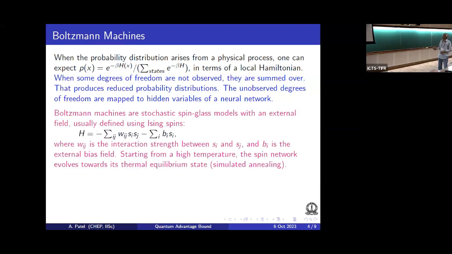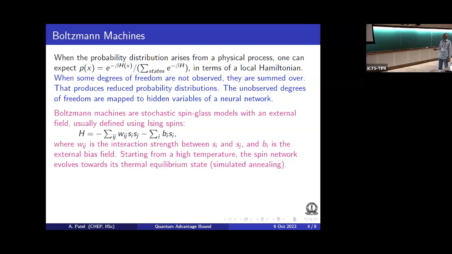So what kind of Boltzmann machines are used? Well, the Hamiltonian is written in terms of the simplest systems which are used in condensed matter physics, some spin glass, where there is an interaction between different spins with a strength Wij, which varies, it's not a constant. And there is a kind of bias field, which again varies from place to place.